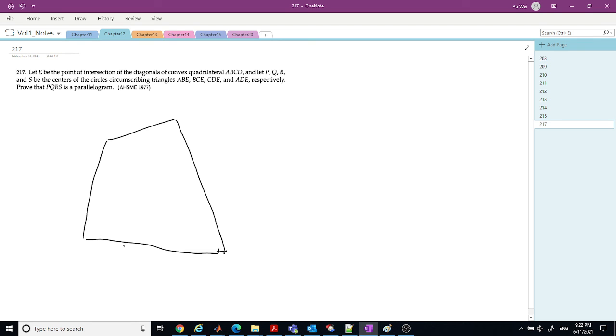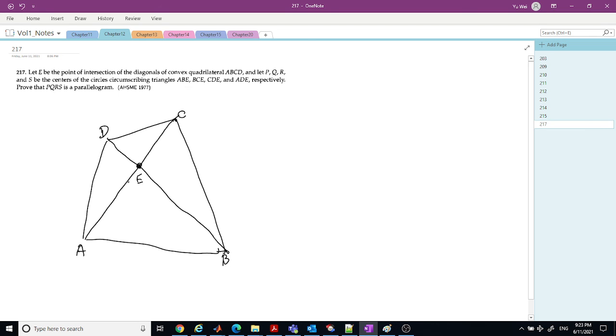This one is the A, B, C, and D. Okay, then the P, Q, R, S are the centers of, we have the diagonals. Okay, E is the intersection point, and this is the quadrilateral.